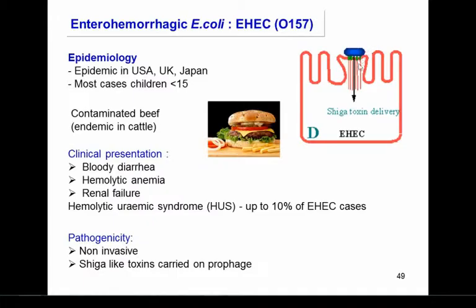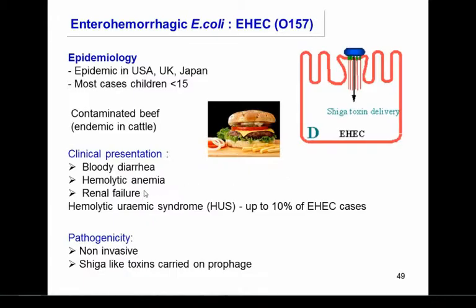And as well as that, they will secrete an exotoxin into the enterocytes. This is called Shiga toxin, and it will kill them. Some of the Shiga toxin will also find itself in the blood, and it is very, very toxic to kidney cells.